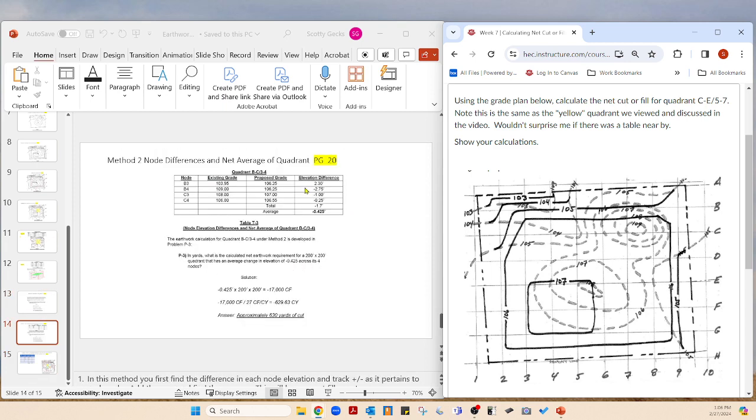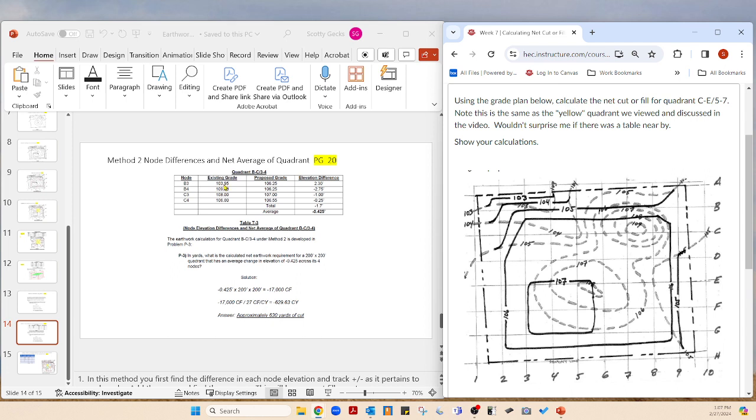Where did I lose? Here. They're doing it node by node instead of averaging first. And this is kind of the way I like to do it. And let me throw this in.